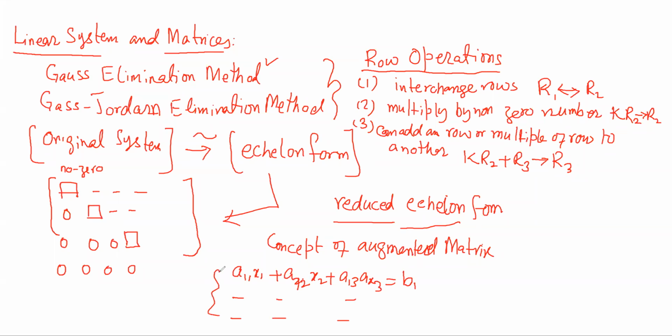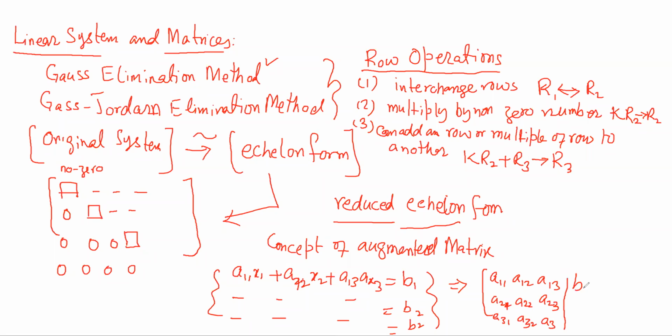So instead of writing these equations with all those x and b values, we can simply write this type of equation in the form of a matrix. So for example, a11, a12, a13, a21, a22, a23, a31, a32, a33, and then we can have a vertical line, and then we can write those right side coefficients b1, b2, and b3.